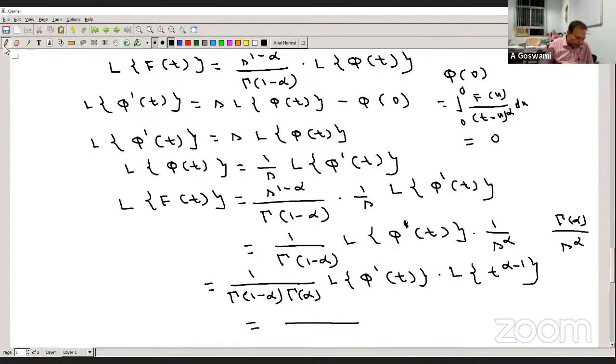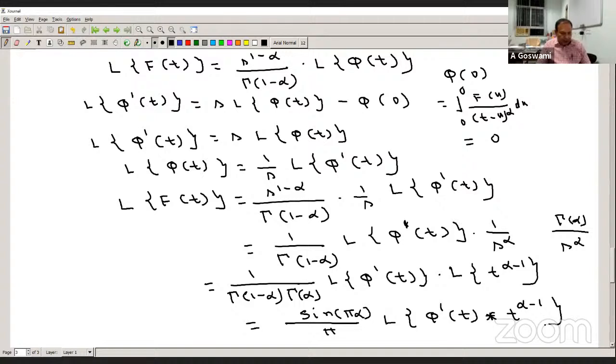So that this equals, sorry, the opposite will come, it will be sine pi alpha by pi into the Laplace transform of, again using the properties of convolution, phi dash t into t to the power alpha minus 1. So please note that the Laplace transform of f(t) is equal to sine pi alpha by pi into the Laplace transform of phi dash t convolution t to the power alpha minus 1.